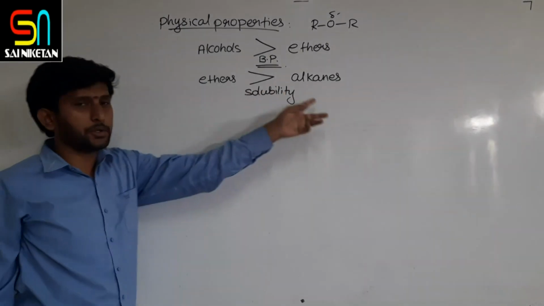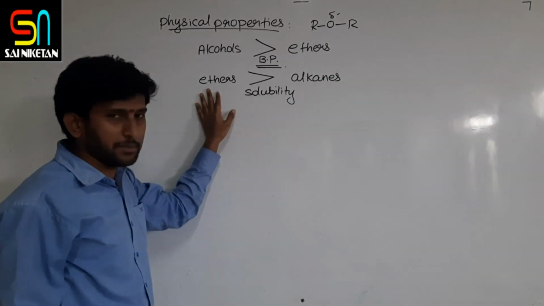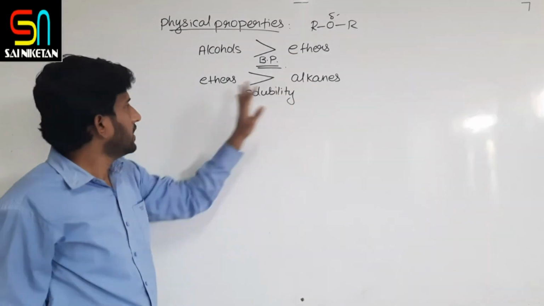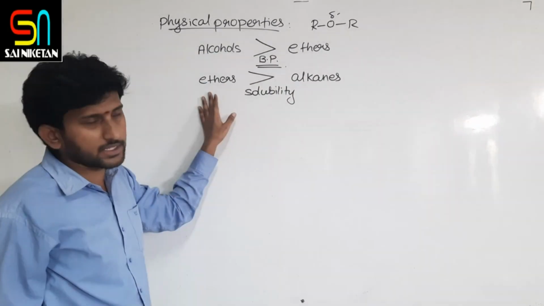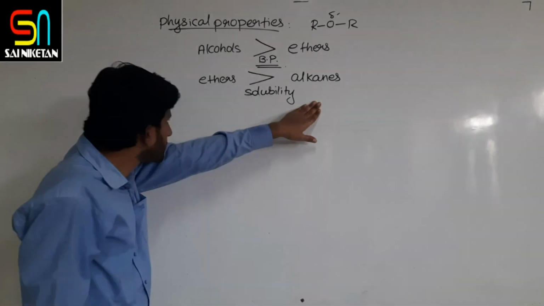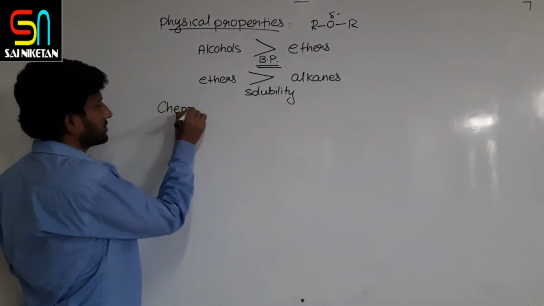Meaning if you take two comparable masses of ether and alkane, like dimethyl ether and propane, the relative solubility of ethers is more than that of alkanes. Okay, next coming to the chemical properties.